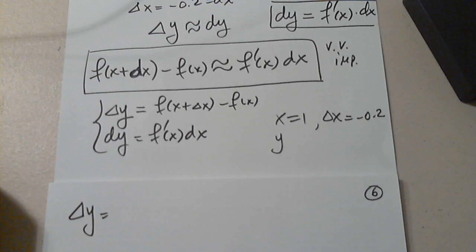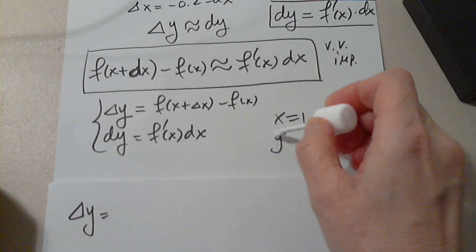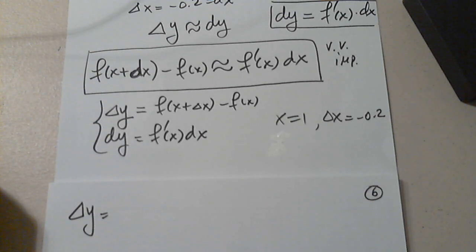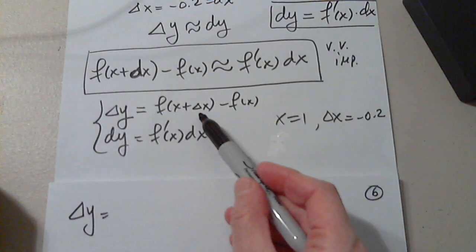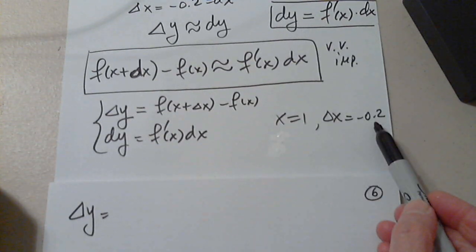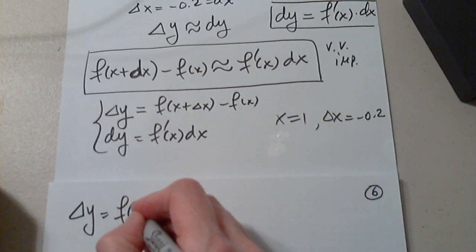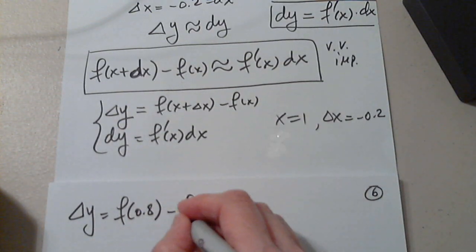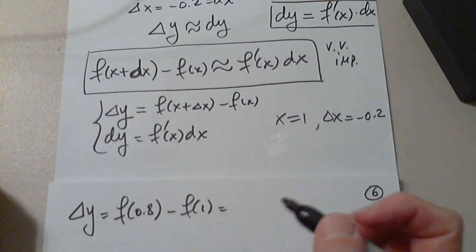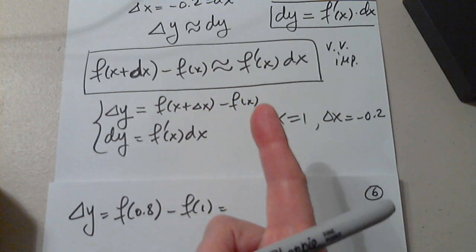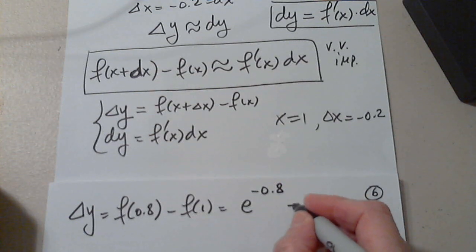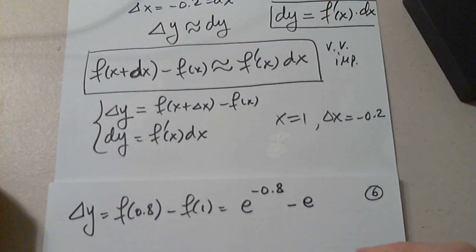I don't want to confuse you, I have to remove this from there. So again, x plus delta x is 0.8. So f of 0.8 minus f of x, which is f of 1. The function is e to the negative x. So this is e to the negative 0.8 minus e to the first power.